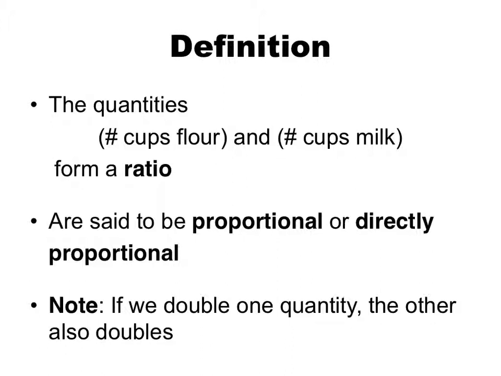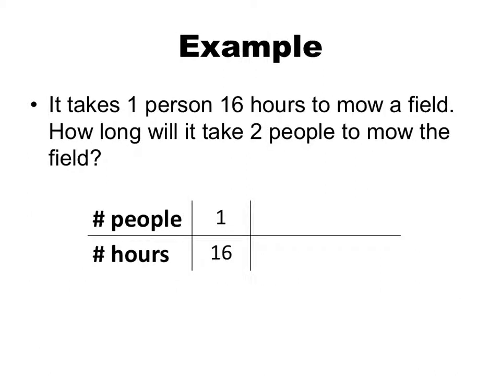And the key thing to observe when dealing with a ratio or a directly proportional relationship is that if we double one quantity, the other quantity also doubles. So in this scenario we doubled the amount of flour, and that meant that we had to double the amount of milk.